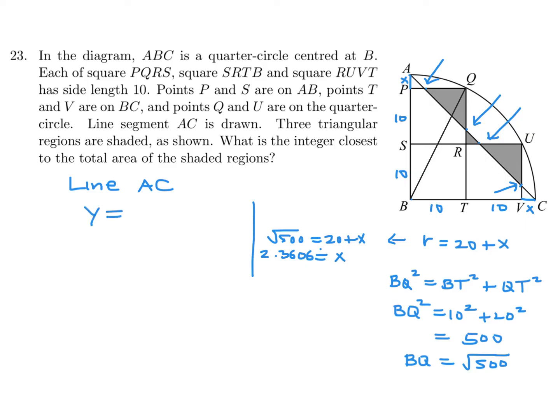As always, the equation of any line is y equals mx plus b. And let's see here. The equation of that line, okay, well, one point on it would be... Okay.